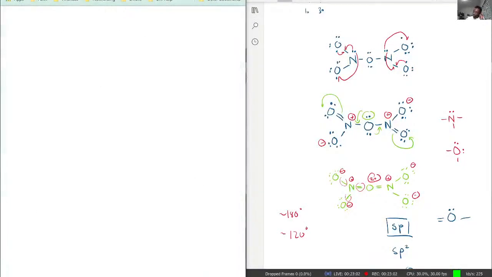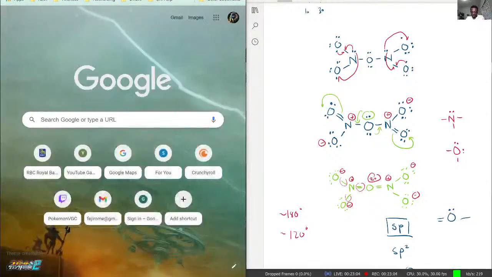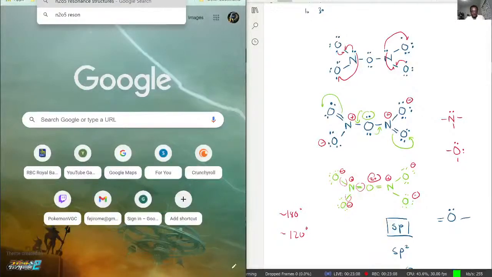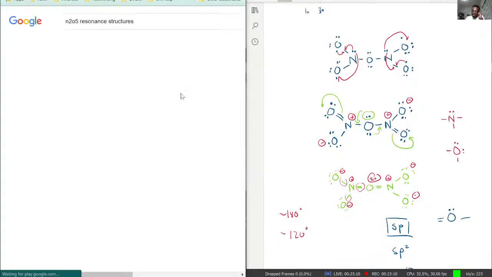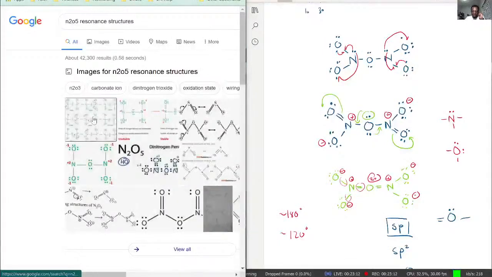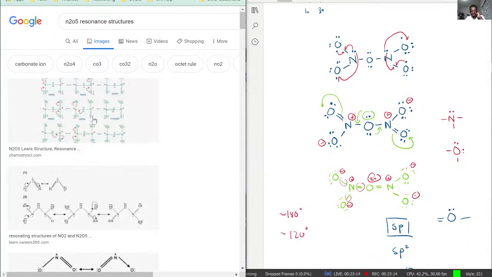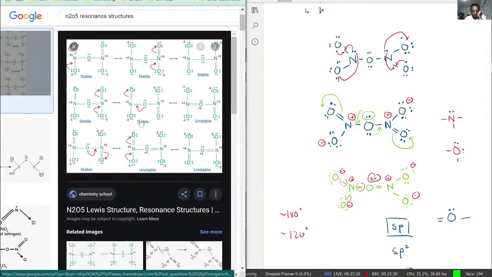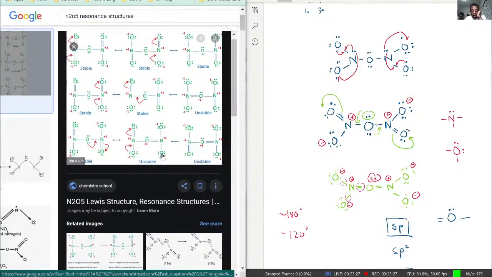Now, to make sure that I do understand this concept, I like to refer to external resources. So, N2O5 resonance structures, we should have a lot. Yep, just like that. I don't know if this accounts for every one of them, but if we look at this picture here, although they have some unstable ones, the one I want to find doesn't have everything on it, because although this is +1, there should be one where it has even +2.